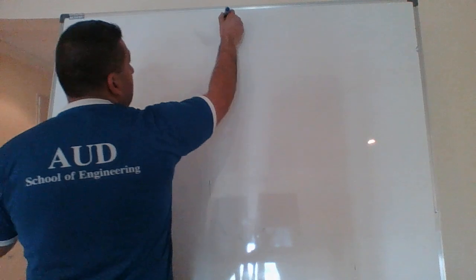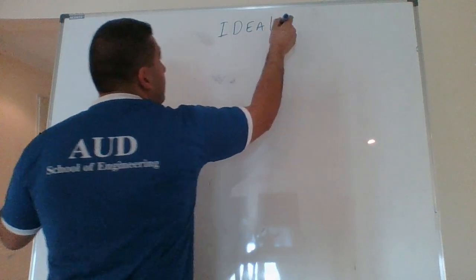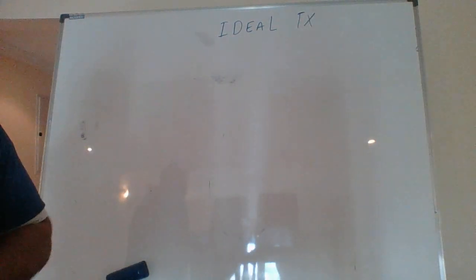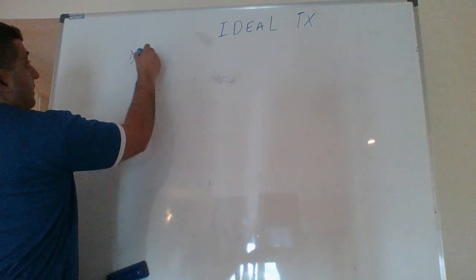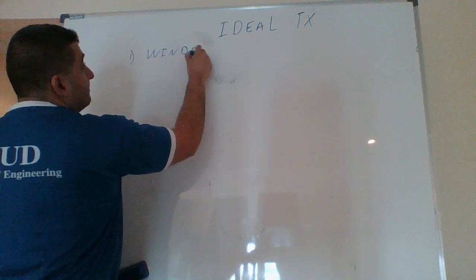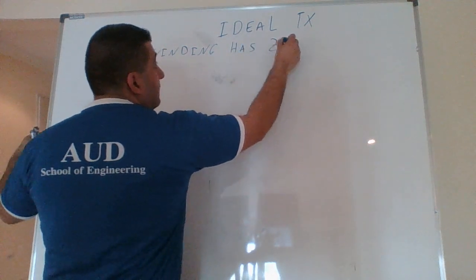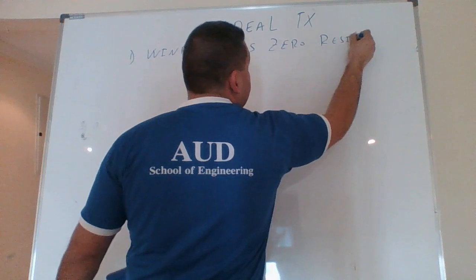That's the assumption, so I don't have I squared R. So number one, for an ideal transformer, I have to take into consideration the windings: the windings have zero resistance.